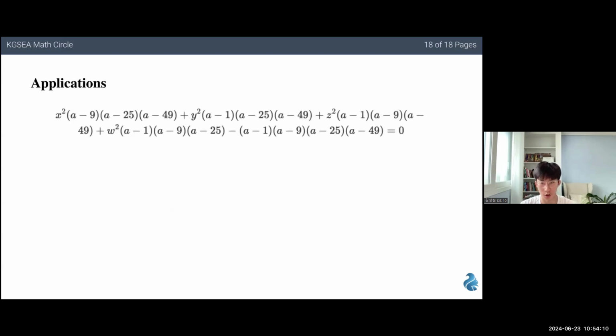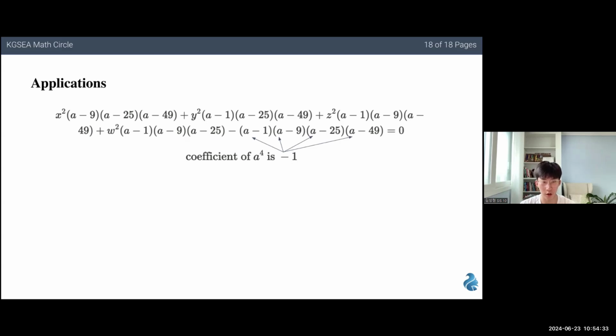And this is all equal to 0 when a is 4, 16, 36, or 64. And you can see that the coefficient of the a to the 4th power term is negative 1 here, because the only a to the 4th power term appears in this last product, and it's multiplied by negative 1, so you can deduce that the coefficient is negative 1.